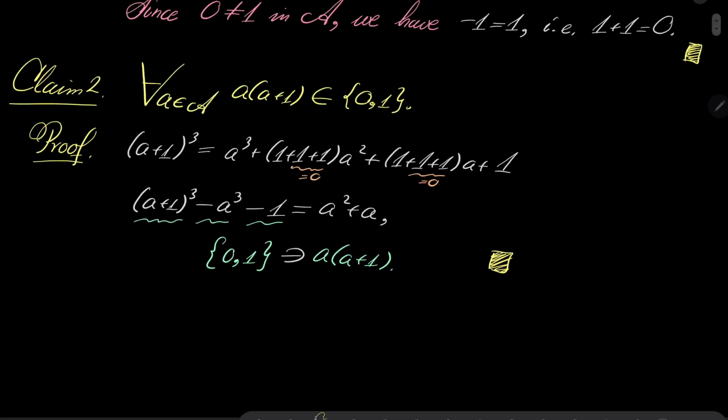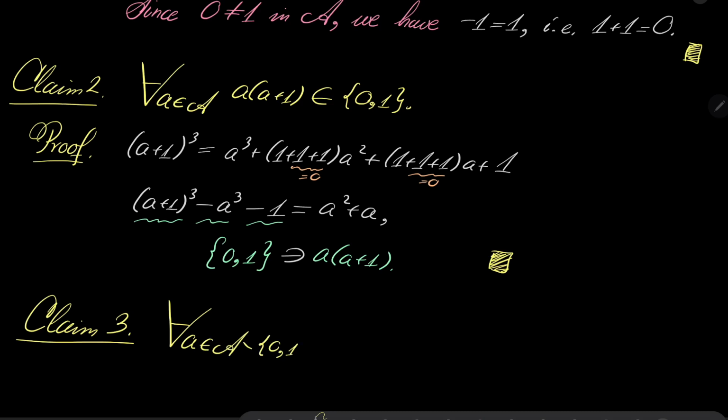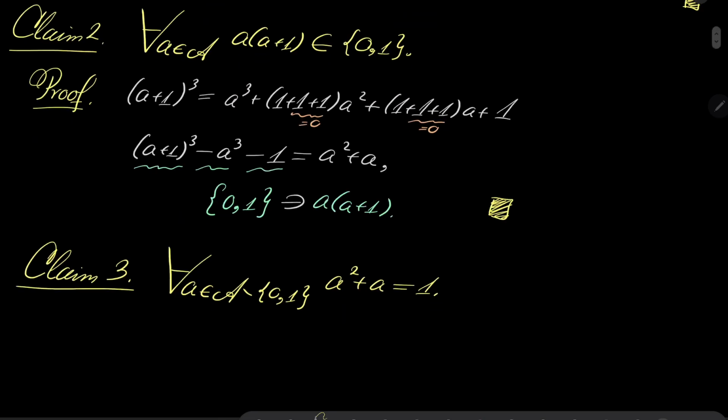My claim number 3 is that for every element a which is not 0 and which is not 1, in fact a times a plus 1, or maybe let's write it as a squared plus a, must equal 1. It cannot be 0. Let's prove it.